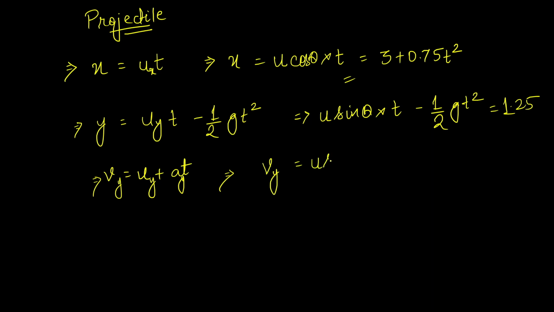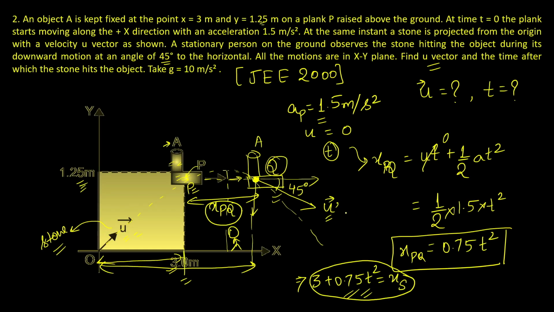Uy we know, u sin theta in the positive direction, minus ay, which is gt, that we know. Okay, this is the equation. But now what is vy? Well, for calculating vy, we have already assumed the velocity here as u dash at this point Q, and at point O, this is basically angle theta.